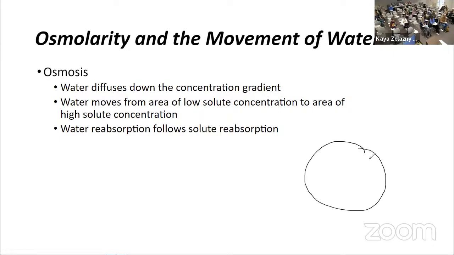So osmosis, we have our cell, right? If we think about water, right? If we have a bunch of water here, we can think about water as going down its own gradient, okay?